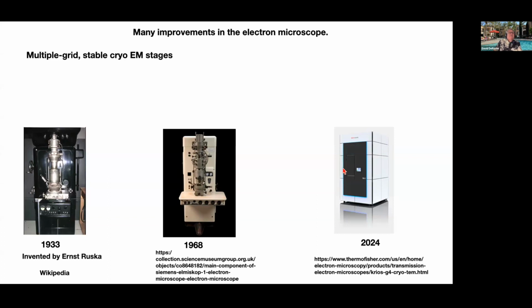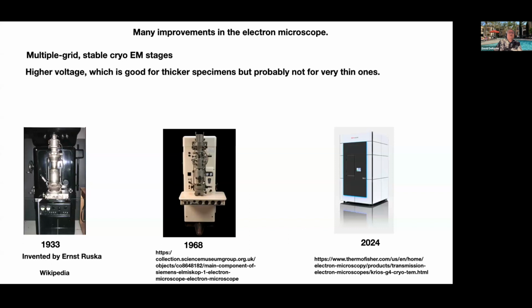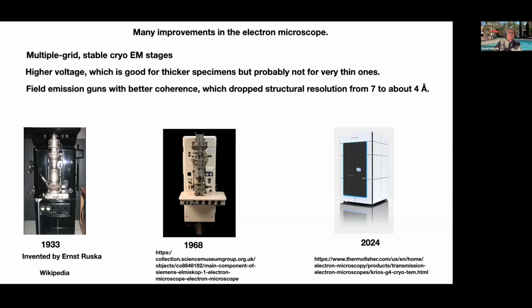Anyway, one of the advances is multiple grid stable cryo-EM stages. This is very important. Higher voltage, which is good for thicker specimens, but probably not for very thin ones.